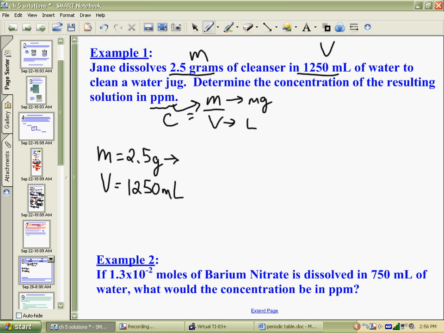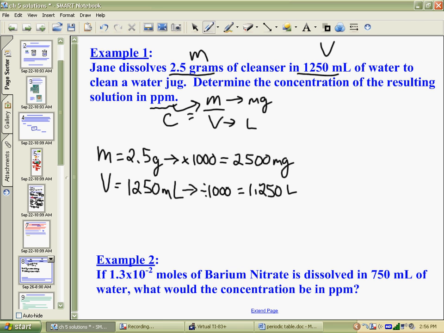Since the gram is bigger, we multiply by 1,000 to get 2,500 milligrams. For a lot of people that's obvious, but it's still nice to explain it. To change 1,250 mils into liters, mils is the smaller unit, so we divide by 1,000 to get 1.250 liters.